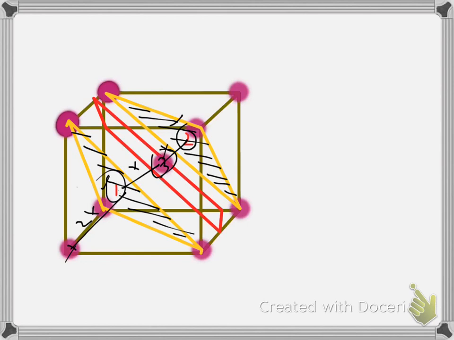So we have to draw a plane here, then here and here. Here also you have the same.